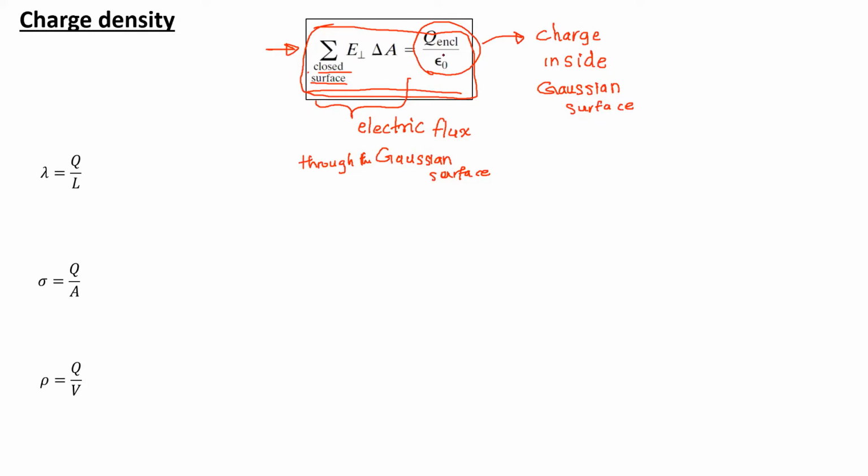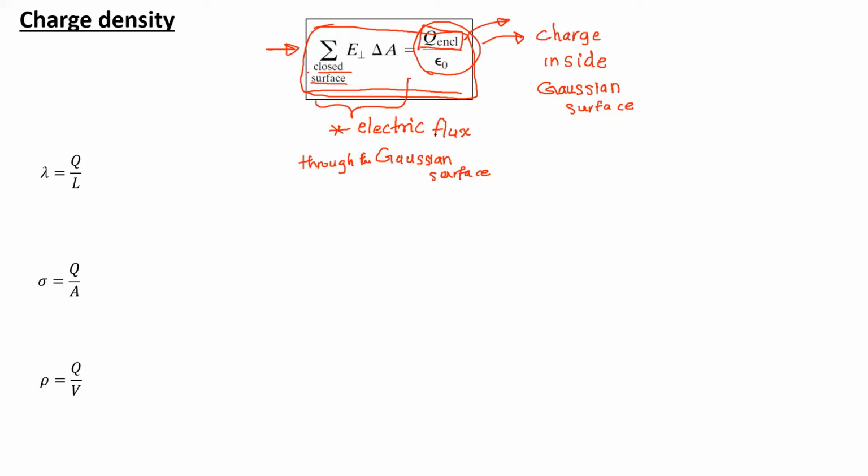So it is all about the Gaussian surface, okay? Today we are going to look at this side of the equation. Why? Because when we actually start applying Gauss's law, the electric flux part is not hard anymore. Getting this Q enclosed becomes hard, because you will have to get the charge inside a Gaussian surface.